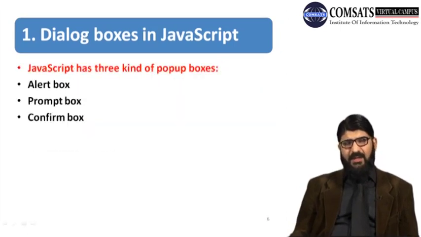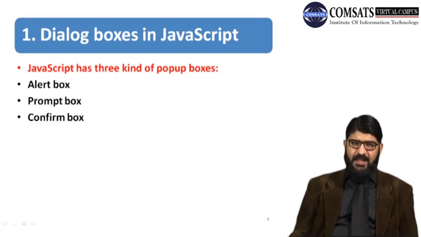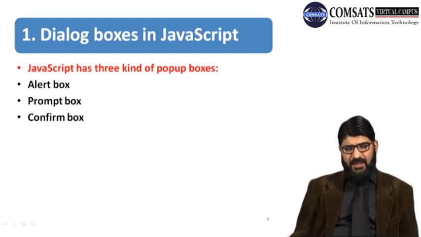What are the major types of dialog boxes in JavaScript? There are three major categories. The first one is alert box, the second one is prompt box, and the third one is confirm box. Let's review all of them one by one.